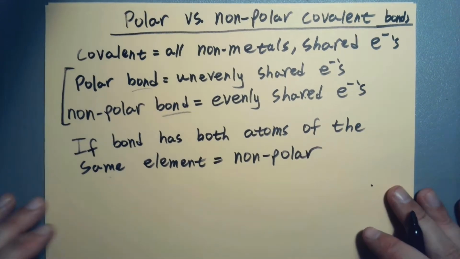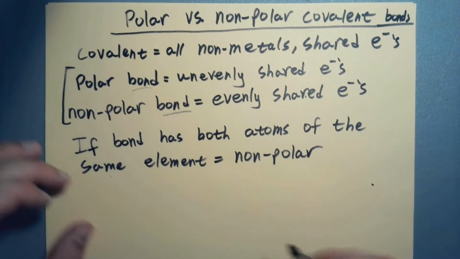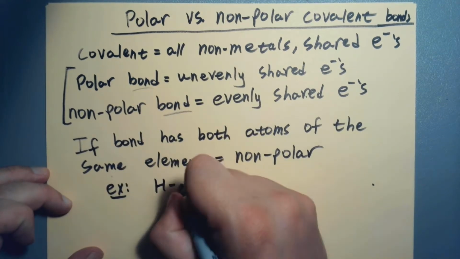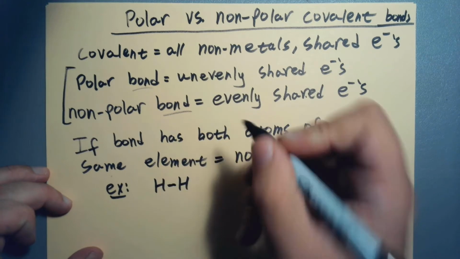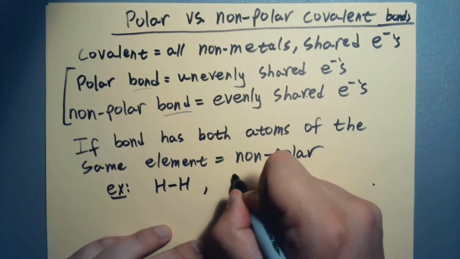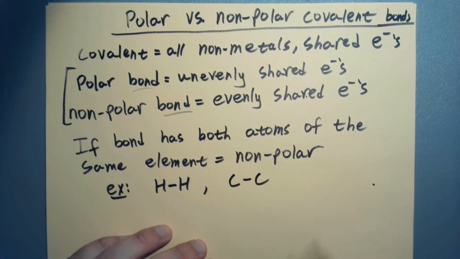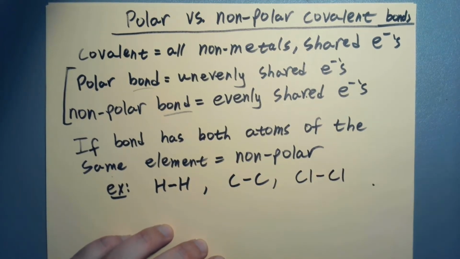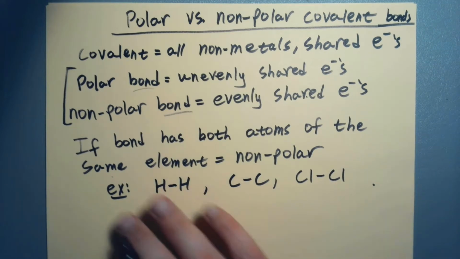Okay? So, for example, hydrogen bonded with hydrogen. Remember, these lines in a Lewis structure mean a bond. Or, this isn't a full structure for a molecule, but if you have something like carbon bonded with carbon, chlorine bonded with chlorine, these are all going to be nonpolar.